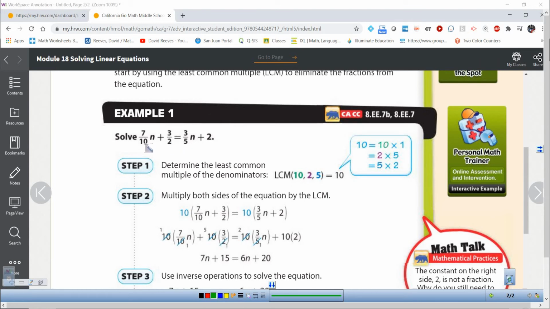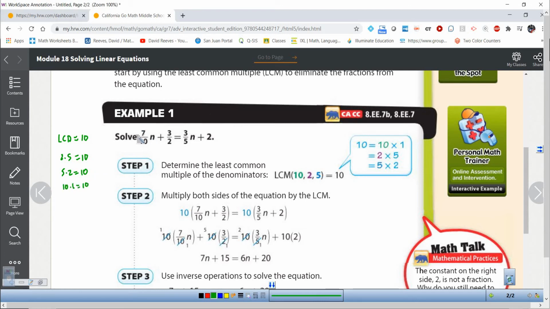Well, 2 goes into 10, and 5 goes into 10, and 10 goes into 10. So the least common denominator would be 10, right? Because 2 times 5 is 10, and 5 times 2 is 10, and 10 times 1 is 10.